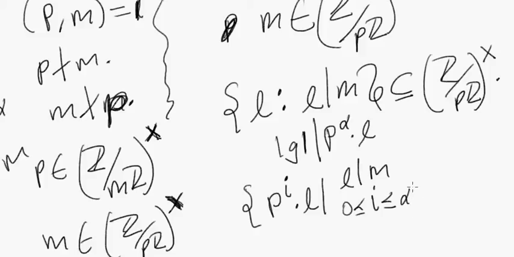This set here, how many elements does it have? Let's call this set, we already used A, so B. The set B is going to be the set of all possible orders of elements in G.